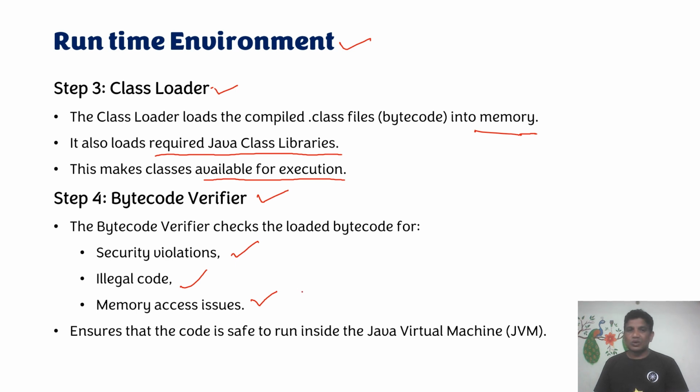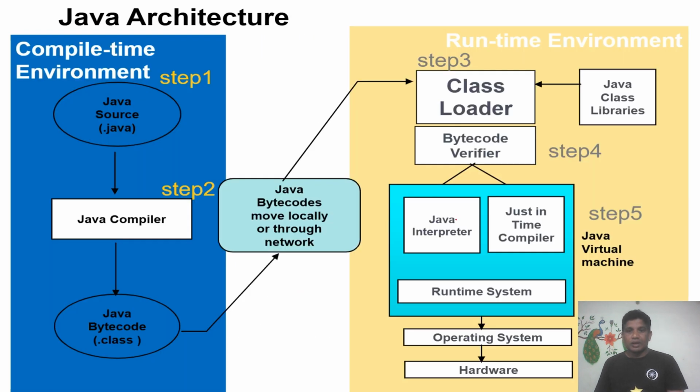Otherwise, the bytecode doesn't execute. Next, the Java interpreter or just-in-time compiler. When the bytecode is verified and safe, then it will be run by the Java interpreter or just-in-time compiler. What is the difference between the Java interpreter and the just-in-time compiler? We'll see in the slide.